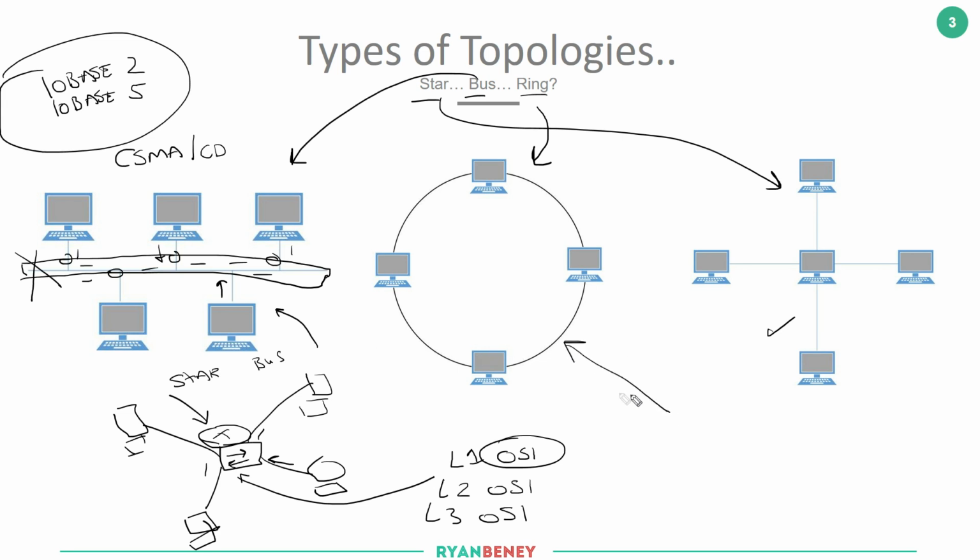Moving on, we've got this one in the middle. This is called a ring topology. And there used to be an old technology called token ring. And essentially the way this would work, a PC would want to communicate with another PC, and they would put a packet on the wire. This packet would travel around until it reached the destination PC.